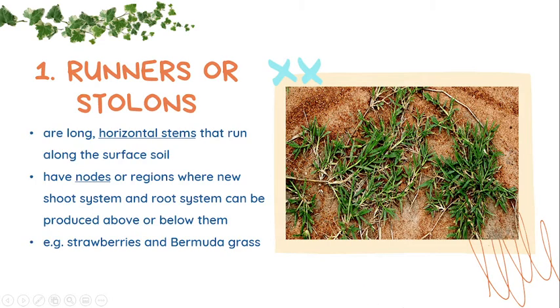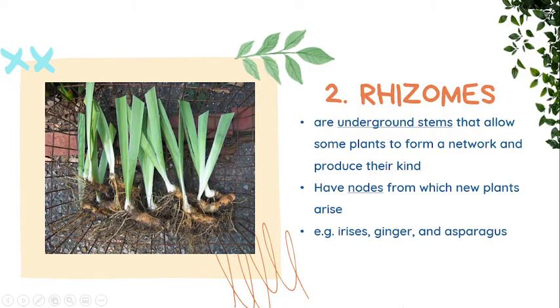The second one that I want to show you are called rhizomes. So rhizomes are underground stems. Okay, notice I said underground stems. They are not roots, but just stems found underground that allow some plants to form a network and produce their kind. So it's somewhat similar to the runners because they have nodes as well, from which new plants arise.